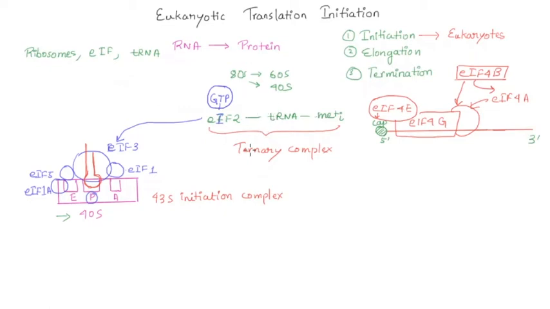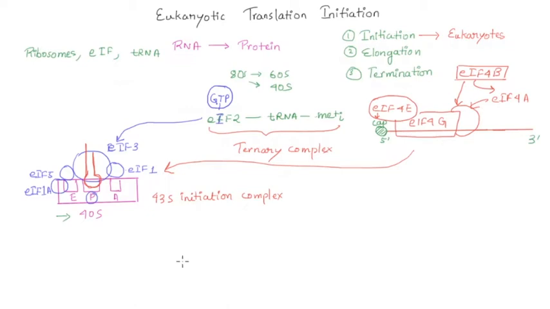Now finally, all the EIF4 proteins bring the mRNA to the smaller subunit, and align it with the other initiation factors and the 40S.